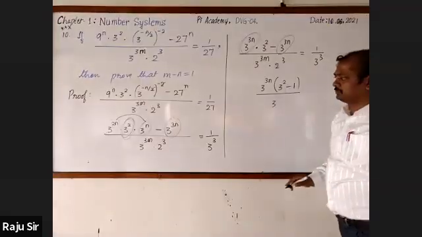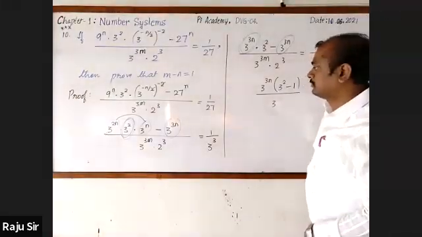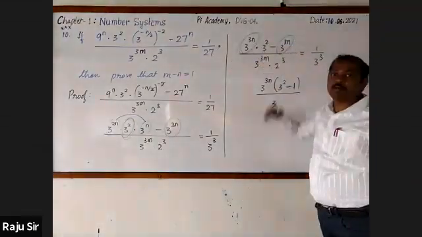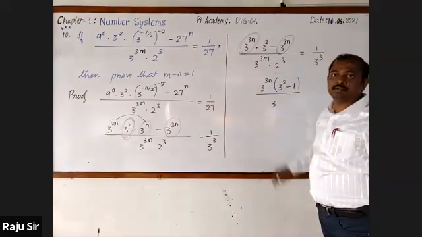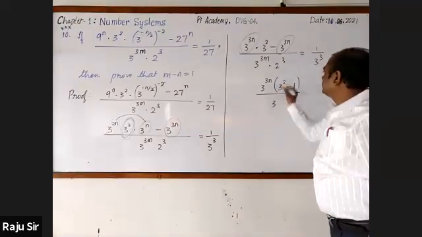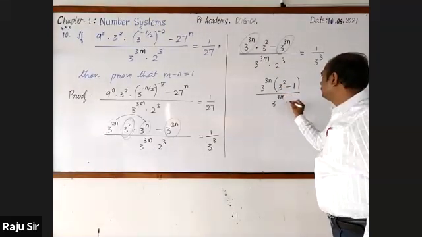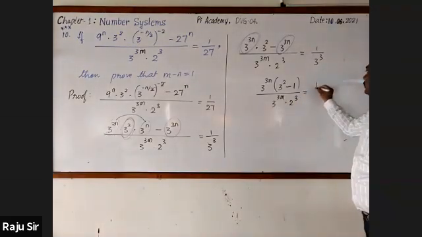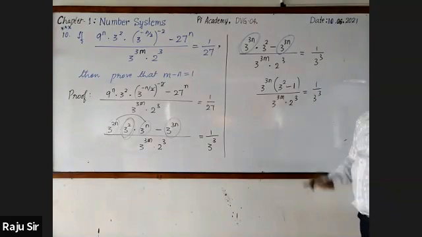Sir, minus 3 get cancelled? No, sir. Minus and plus are there. We cannot cancel. Then 3 raised to the power 3m into 2 raised to the power 3 is equal to 1 by 3 raised to the power 3.